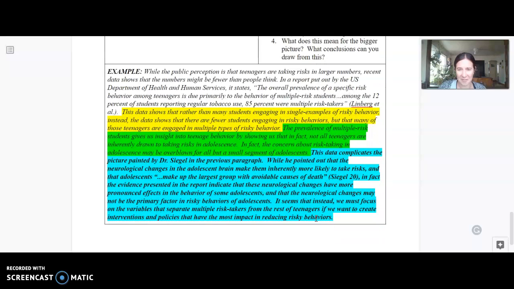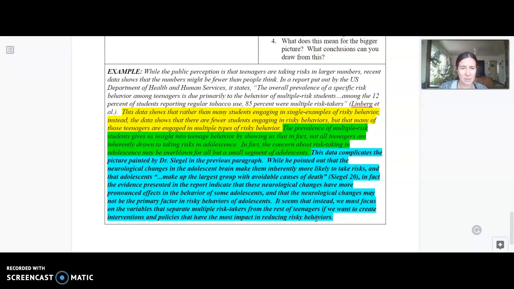So let's look at our final example and what that looks like in this paragraph. This data complicates the picture painted by Dr. Siegel in the previous paragraph.